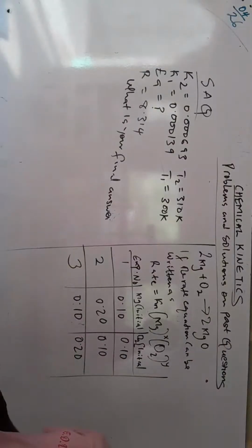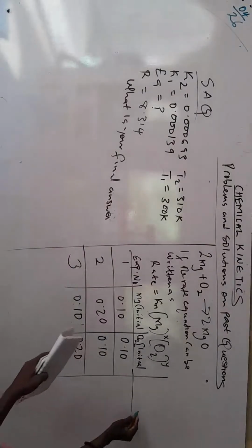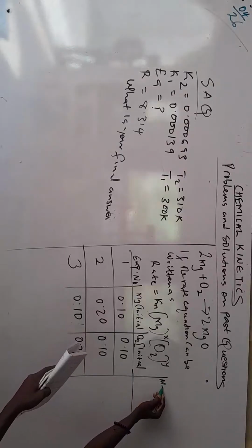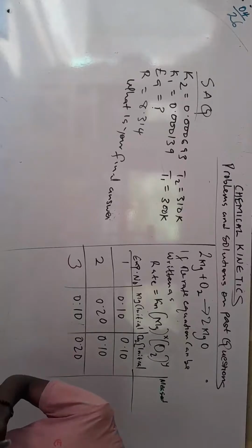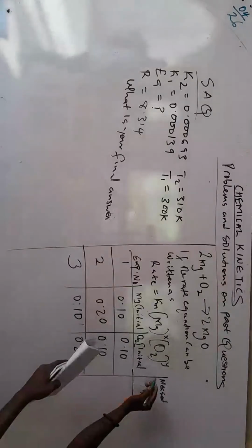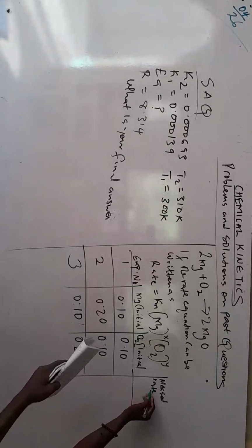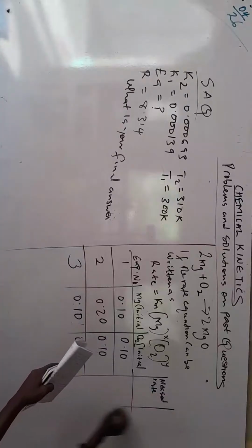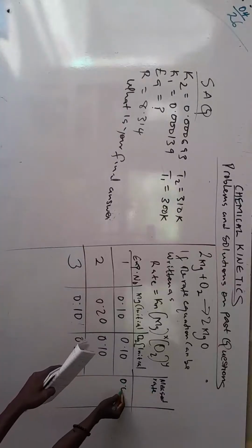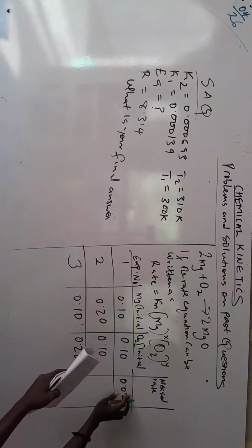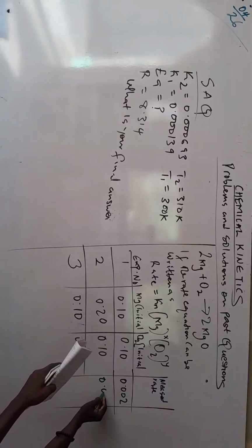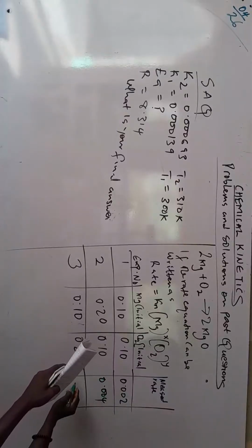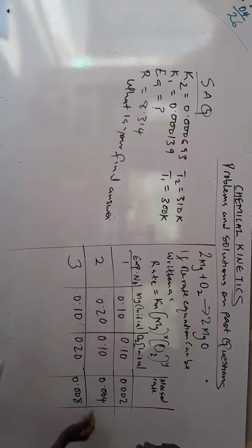Now, we are given the measured rates. In this case, we have 0.002, we have 0.004, and we have 0.008.